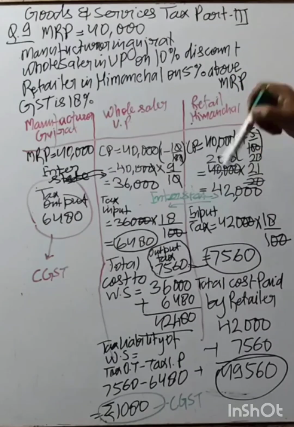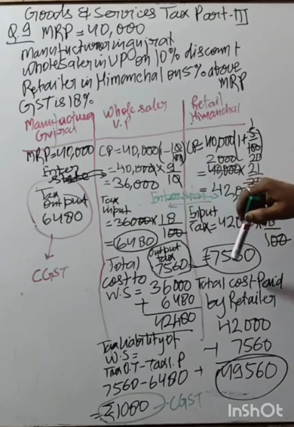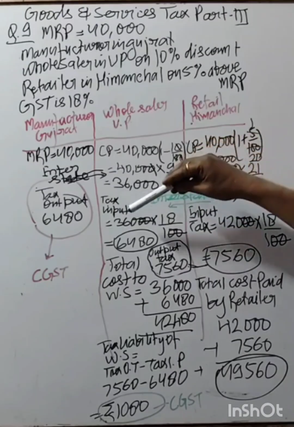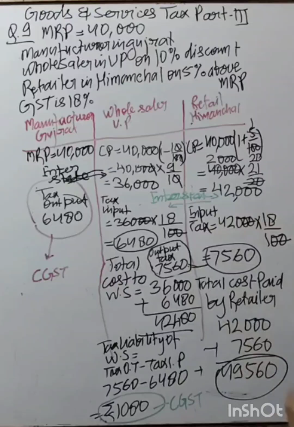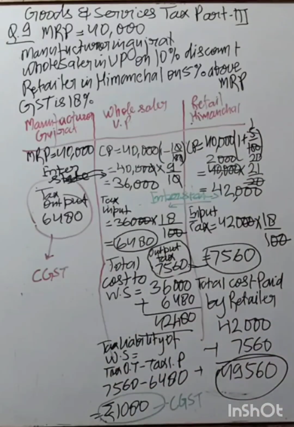So its cost becomes 42,000 rupees. On 42,000 rupees, input tax is equal to output tax. Now we will subtract output and input tax, then we are getting 1080. So by this method you can also do it by making charts. Do you understand?